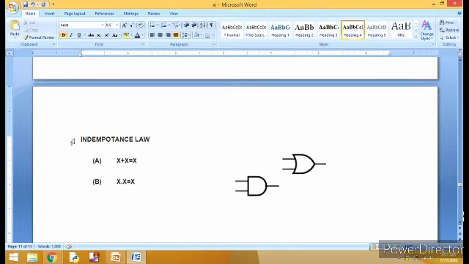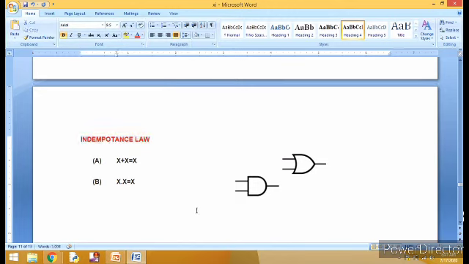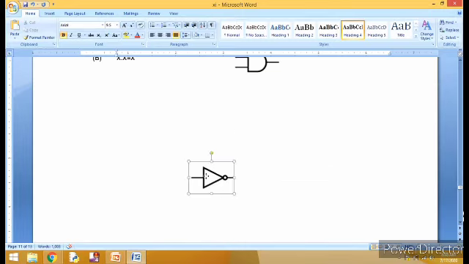So you have to know the name: when this is applied, we call it the idempotence law. So what is the idempotence law? That X plus X is equal to X, and X into X is equal to X.